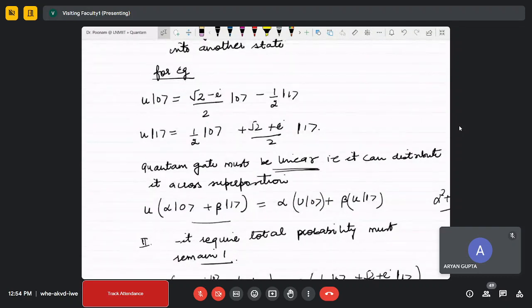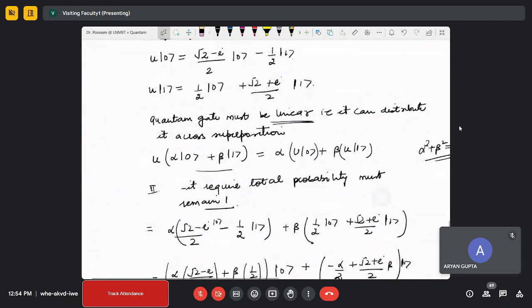You have designed just a gate. We will be having different types of gates. Now I'm just saying this is a gate, and this gate is doing this transition in the basis of 0 and 1. To check this gate as a valid one, it should satisfy two conditions. First, it should be linear. That means it should distribute the operation across the superposition, so it should be valid on all superposition states.